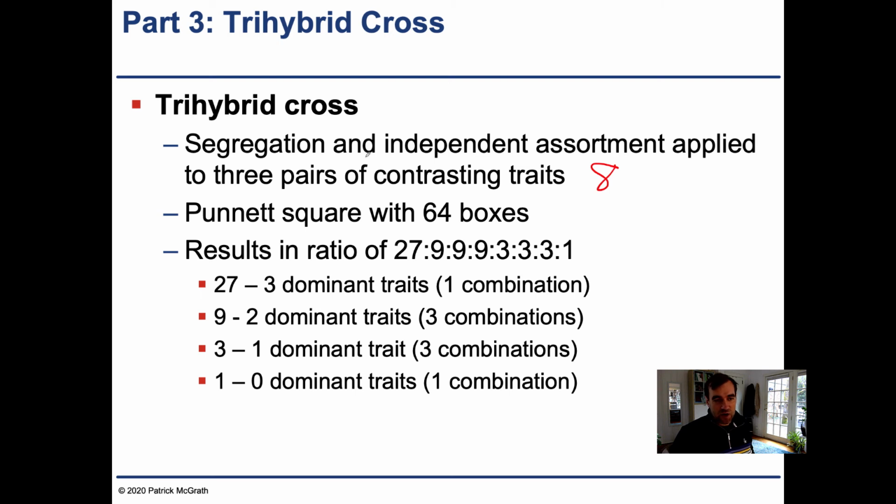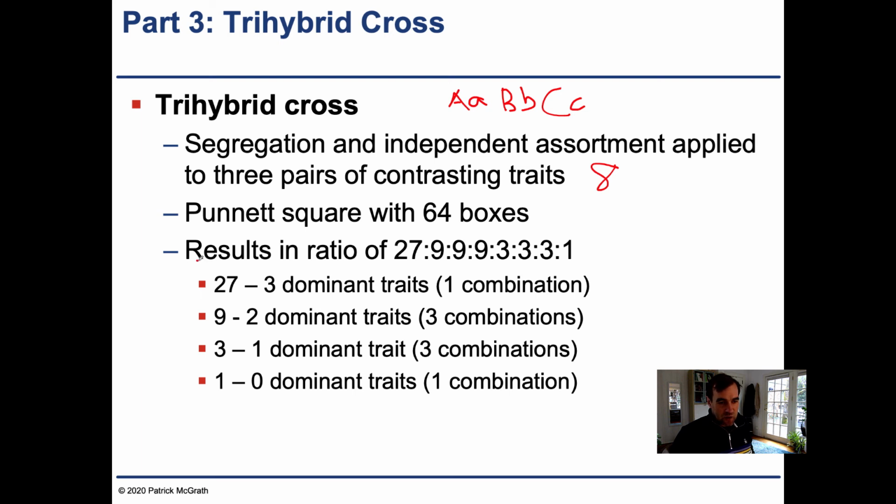A trihybrid is when they differ at 3 different traits. So the F1 individual would have to be heterozygote for 3 different genes. And so this individual would produce 8 gametes, and you'd have a Punnett square with 64 boxes.